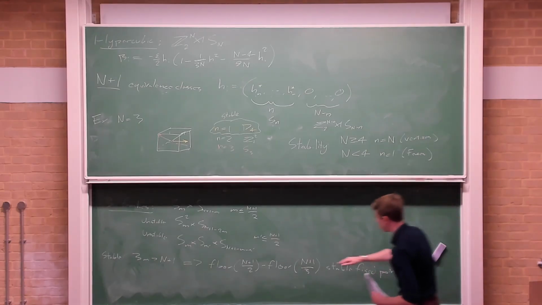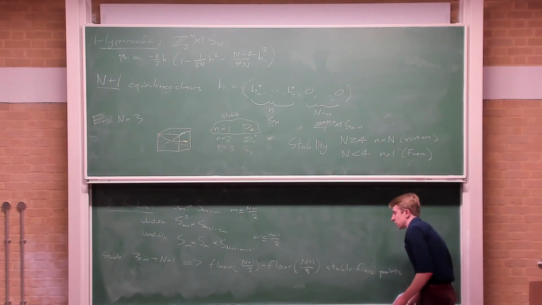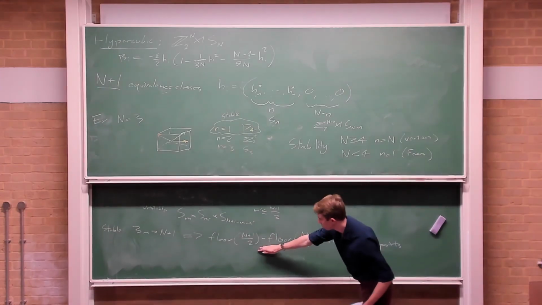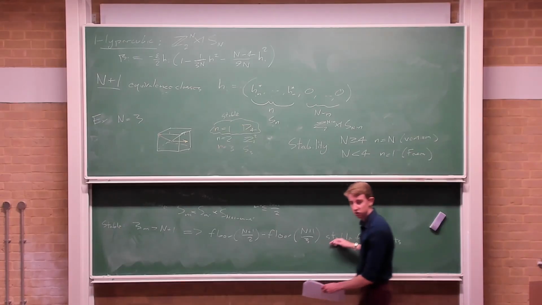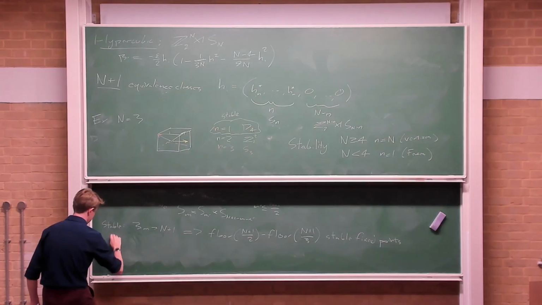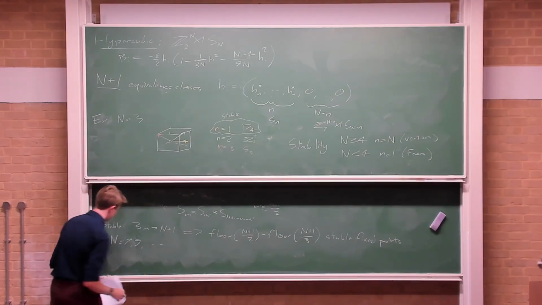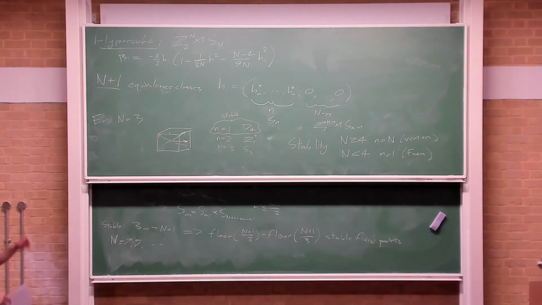The first n at which this begins to be bigger than 1 is n equals 7. It's 2 for n equals 7, then it's 1 again for n equals 8, then it's 2 again for n equals 9, and then it becomes higher. So n equals 7 and 9 and higher are then interesting.